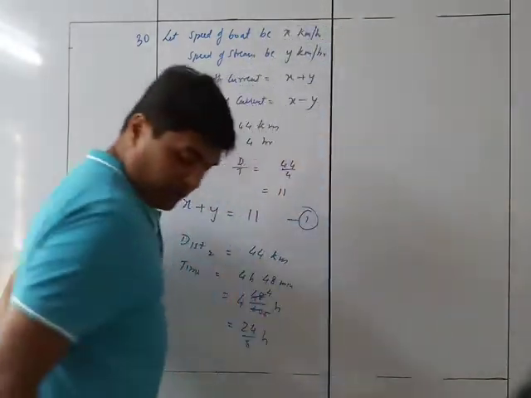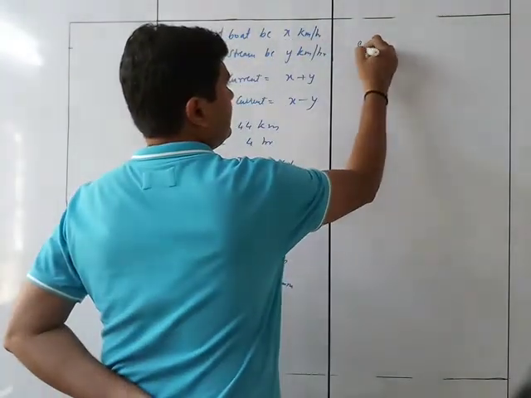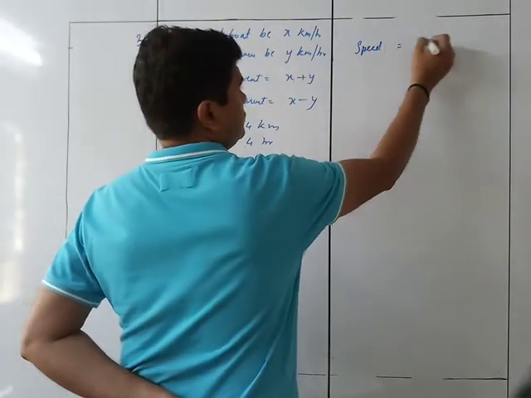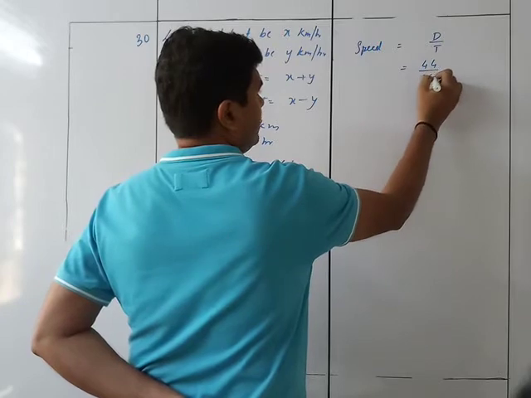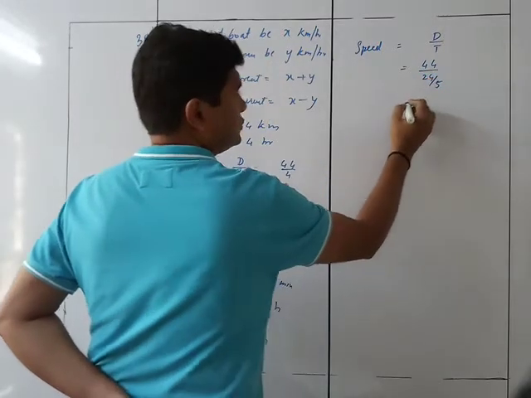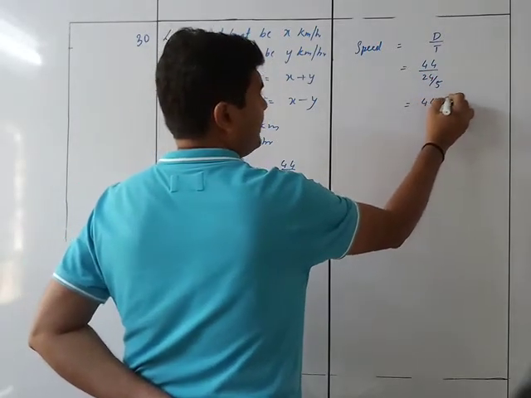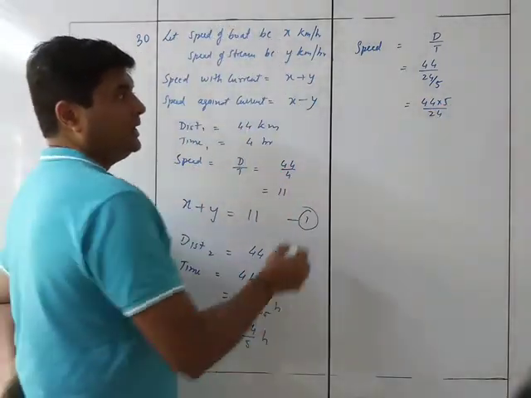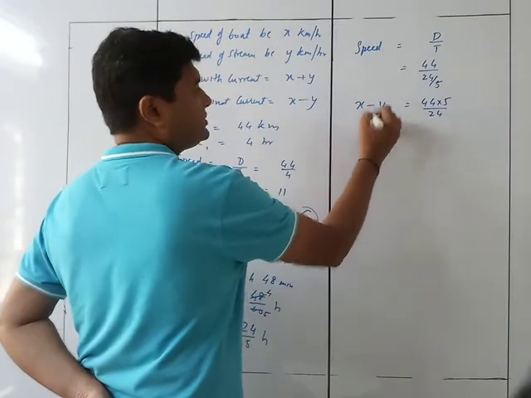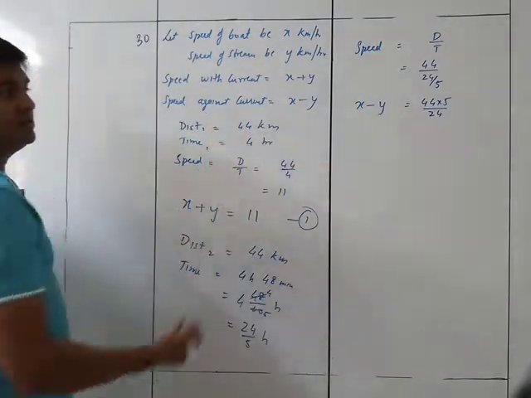Accordingly, speed is equal to distance upon time, which is 44 upon 24 upon 5. So that will be 44 into 5 upon 24. Is it clear? And this is nothing but x minus y because it is against the current.